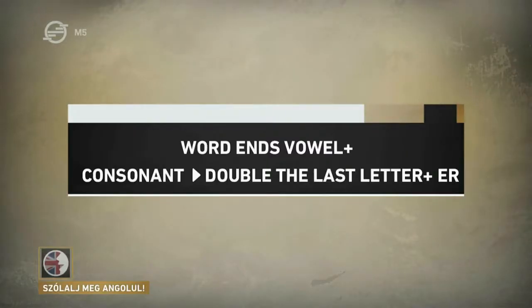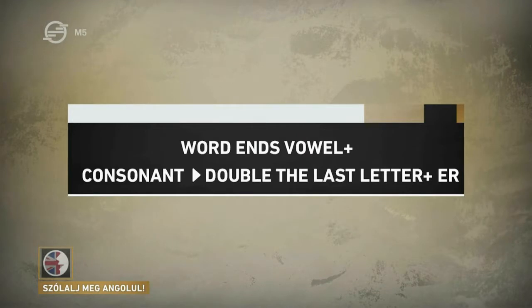Great. Now, if the adjective ends in vowel plus consonant, then what happens? Well, if the end of the adjective is vowel plus consonant, we double the last letter before adding ER. So, can we think of an adjective which ends in vowel plus consonant?